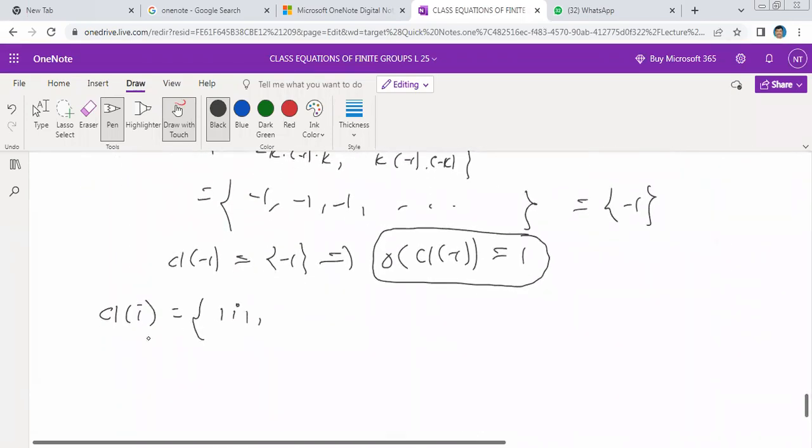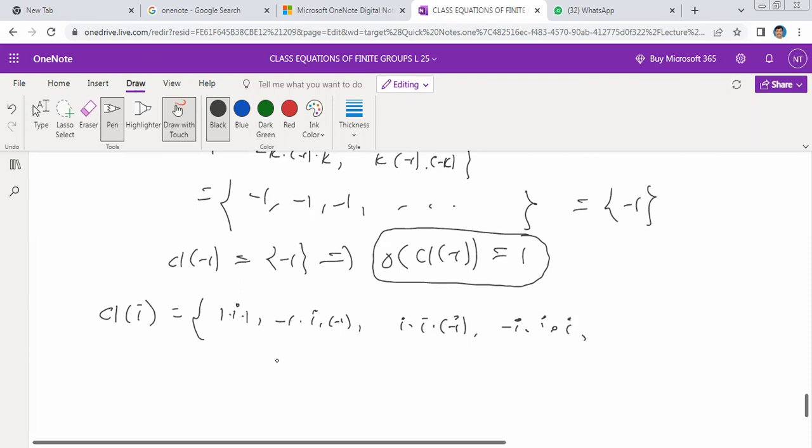So the classification of i. Next, can we take minus 1? Suppose y is equal to minus 1. The inverse of minus 1 is minus 1: i, minus 1. Next, suppose we take i. What is the inverse of i? Same, minus i: minus i, i.